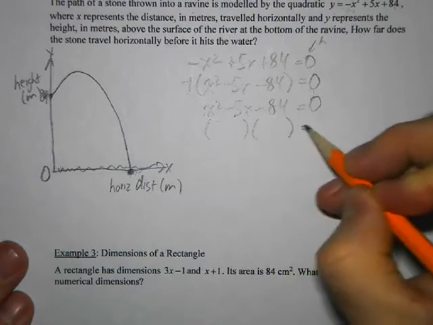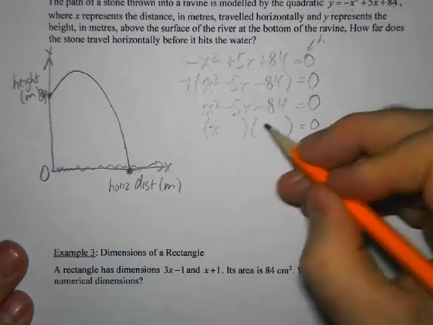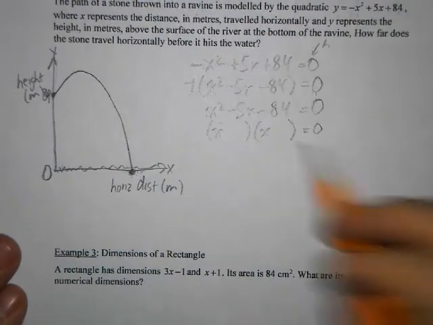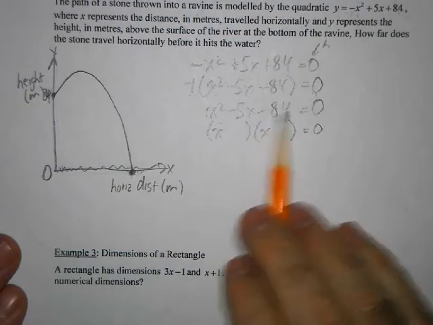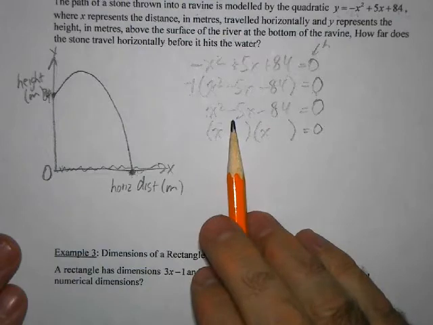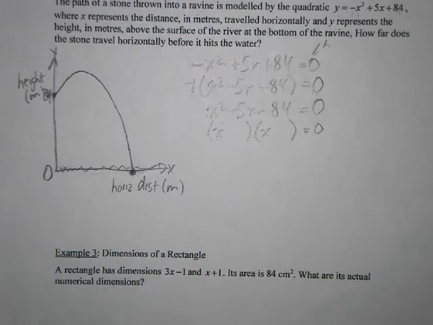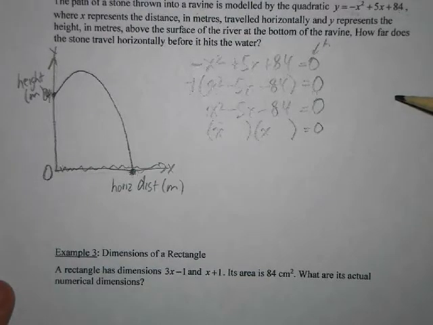I know that it's going to factor into two binomials, both start with x, and I look for two numbers that multiply to -84 and add to -5. If you wanted to, you could do the table here, the factors of 84, and figure it out that way. Or if it comes to you, well, then you go ahead and do it.